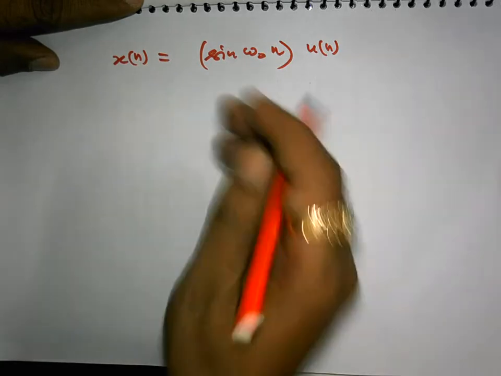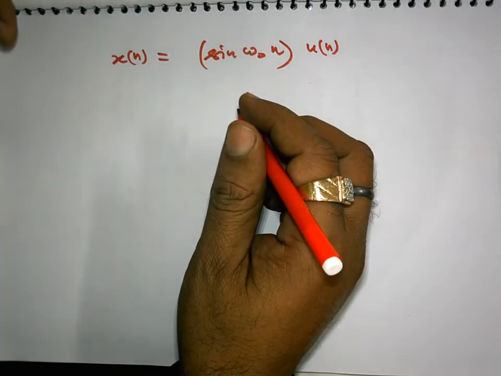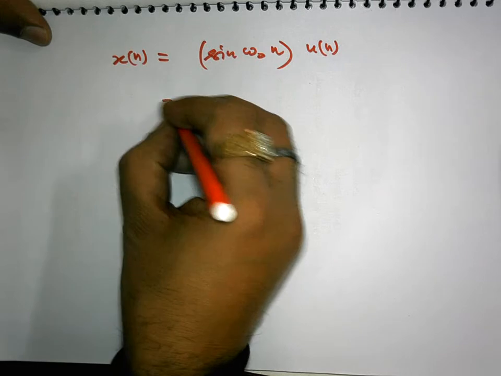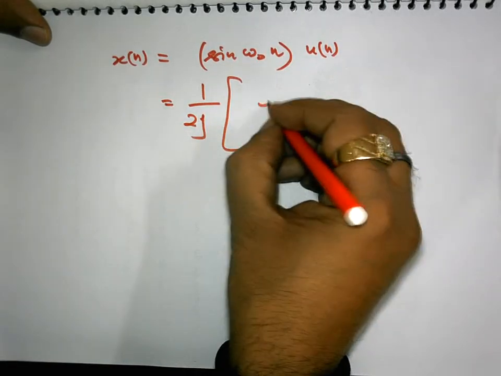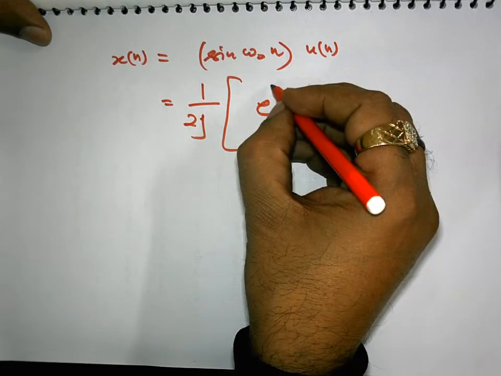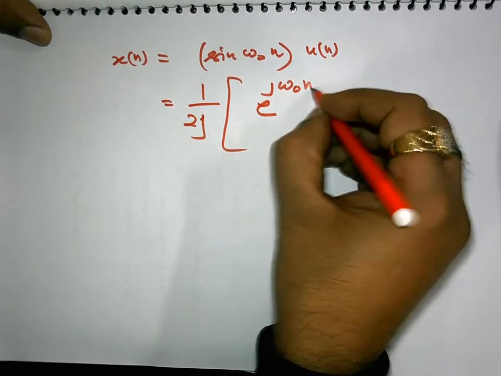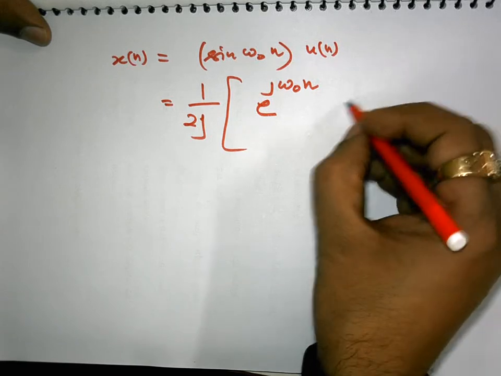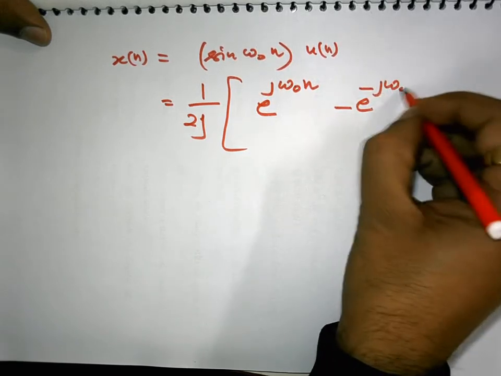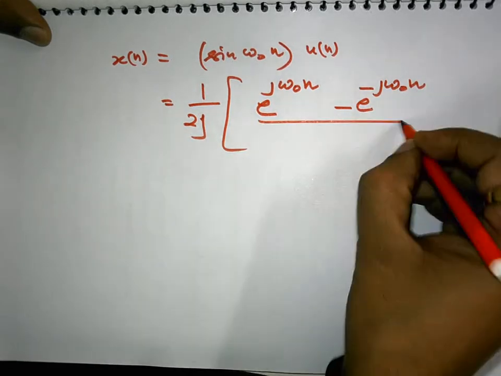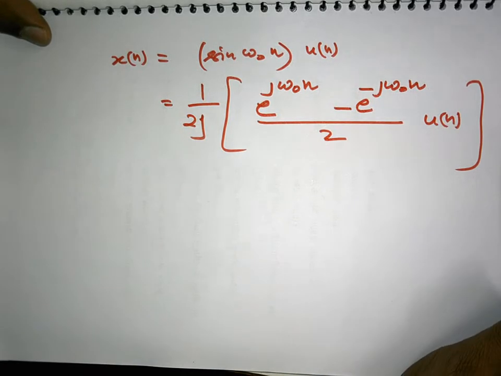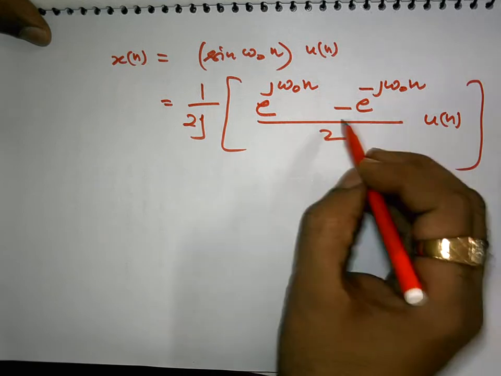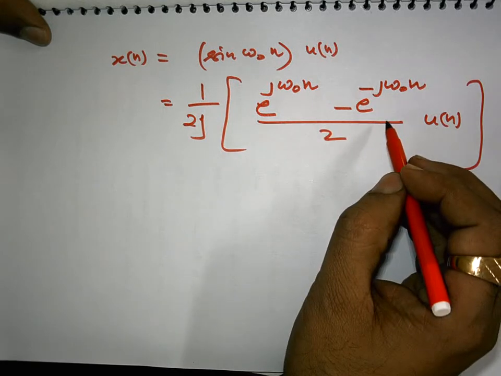Basically, Euler's identity says that sin omega 0 n will be equal to 1 over 2j times e to the power j omega 0 n minus e to the power minus j omega 0 n, times u[n]. Am I right? So, you will solve for these two expressions.